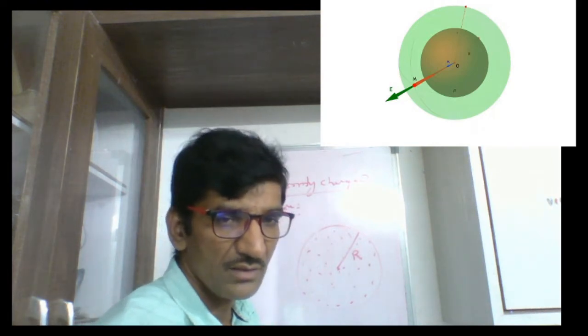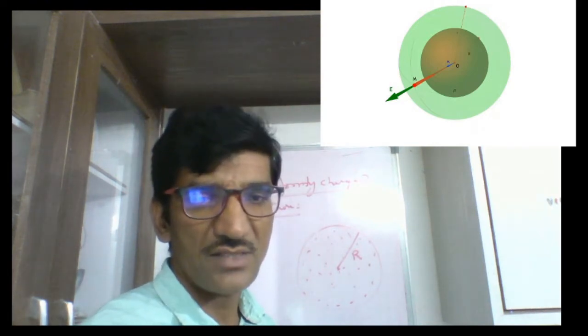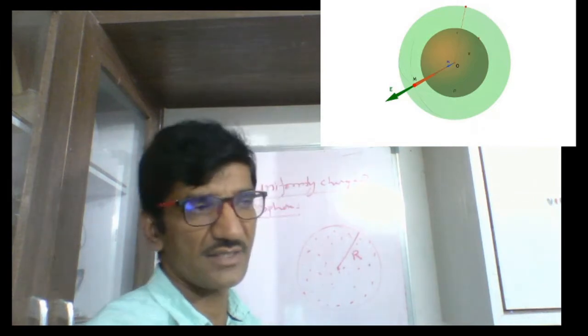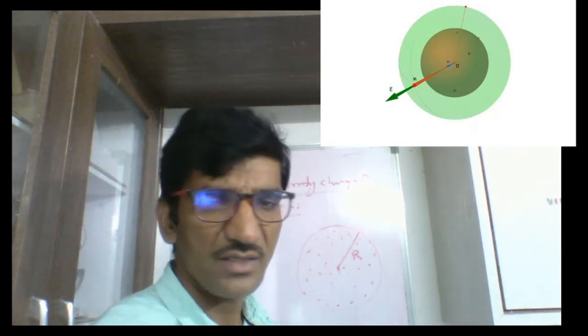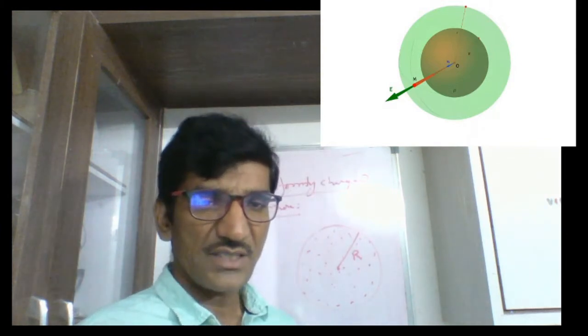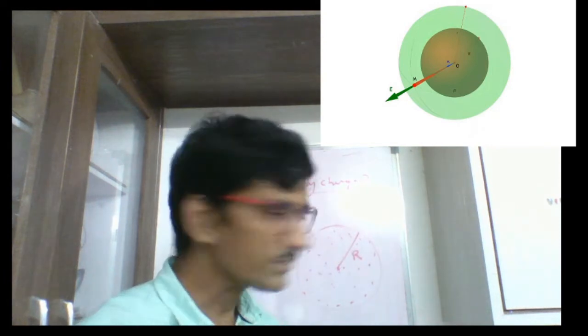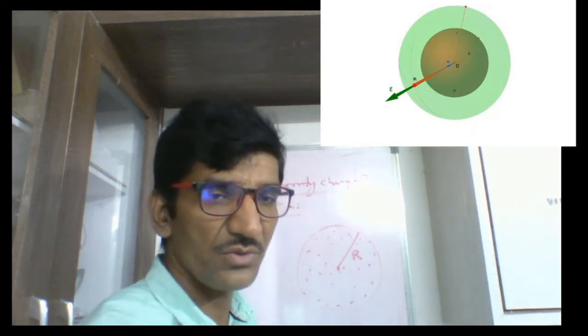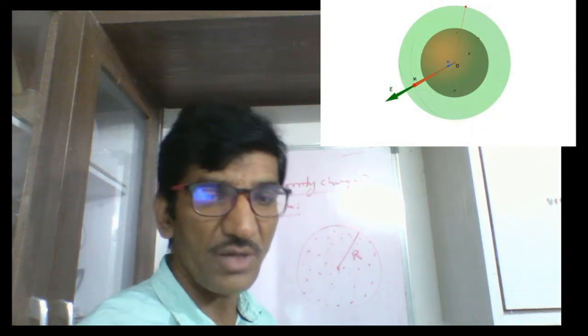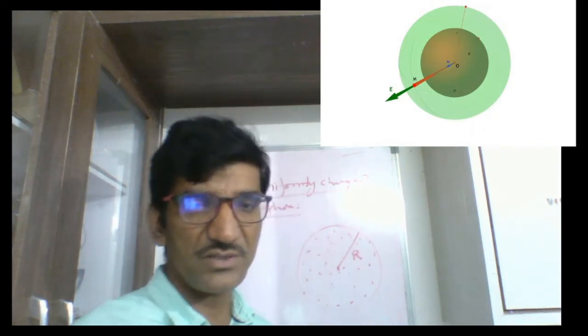Otherwise, the application of Gauss law will not give you the answer that easily. You have to apply some other method or the direct method. That is the importance or limitations of the Gauss law. You have to know all these things in order to apply the Gauss law to a particular problem.